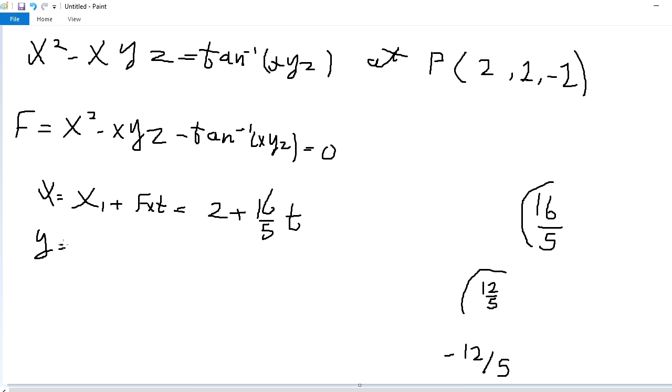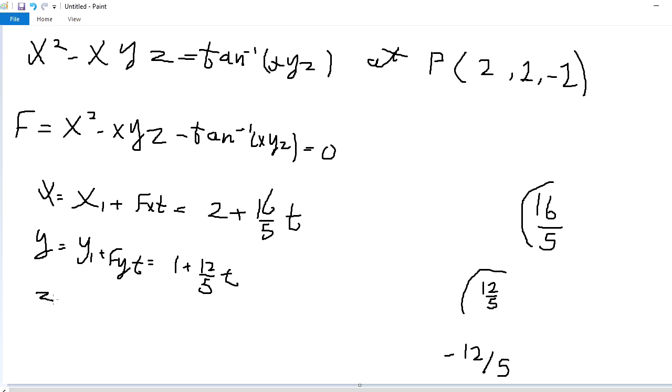For the y, it's going to be y1 plus fy times t. So the y1 is 1, so 1 plus 12 over 5 times t.